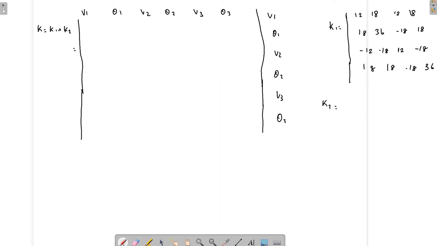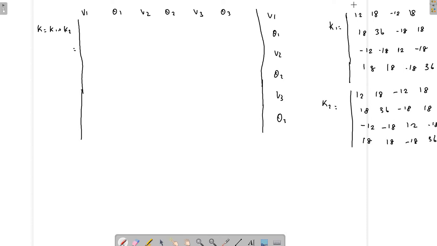Again I am writing K2. Here I think one minus is missing, because 12 EI by L cube for the first component, so in the second half it is minus 12. So 12, 18, minus 12, 18, 18, 36, minus 18, 18, minus 12, minus 18, 12, minus 18, 18, 18, minus 18, 36.